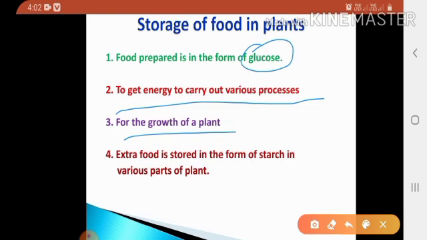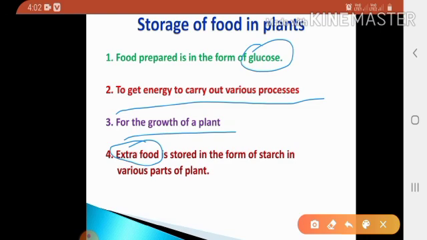Like you consume food for doing various activities like reading, studying, playing, etc. In the same way, plants also consume energy for various processes, and extra food is stored in the form of starch in various parts of a plant.